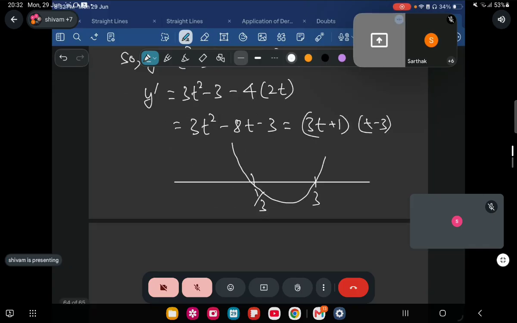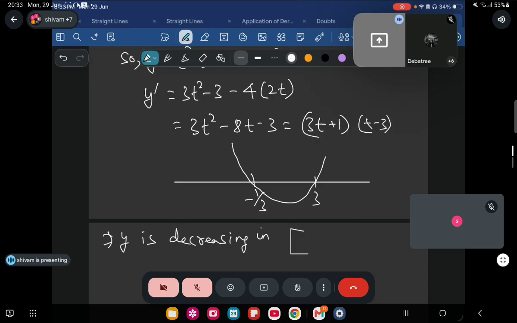So can you understand that y is decreasing in minus 1 by 3 comma 3? Right. Wait, it should be minus 1 by 3.